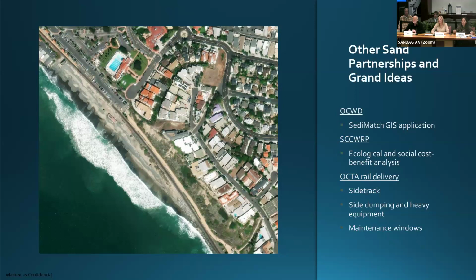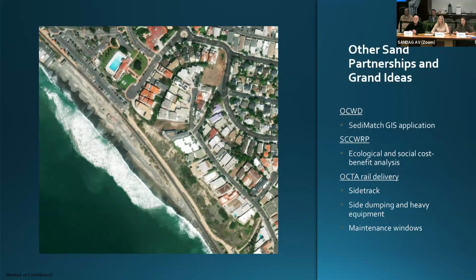So that's an exciting approach. They are also partnering with SCORP to fund that effort, as well as pursuing cost-benefit analysis for ecological and social benefits of beach sediment projects.